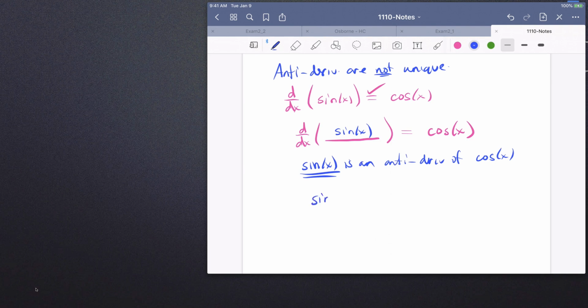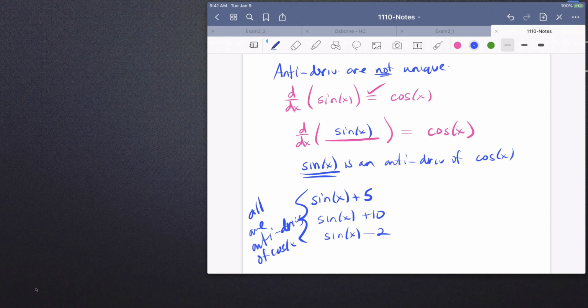But sine of x was not the only antiderivative of cosine of x. You could have also put sine of x plus 5. You could have put sine of x plus 10, or sine of x minus 2. Okay? All of these are antiderivatives of cosine of x. And the only thing that makes them different is the constant that is on the problem.